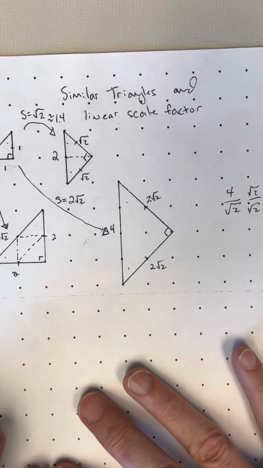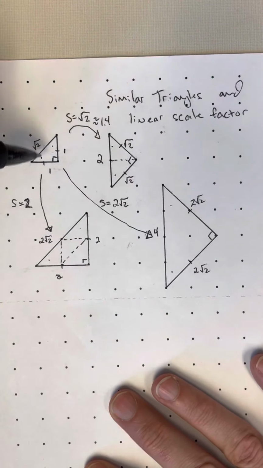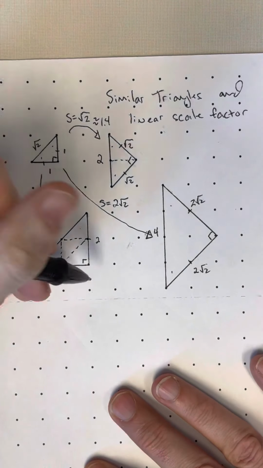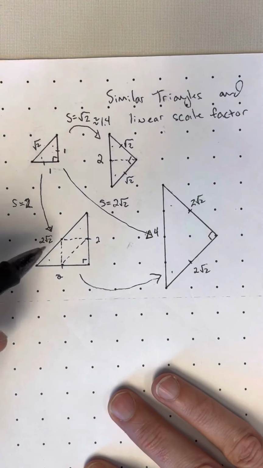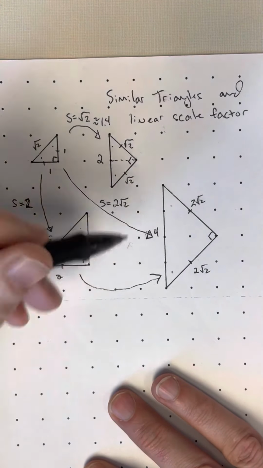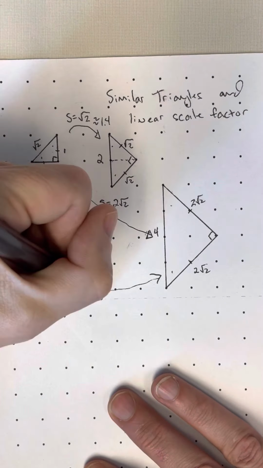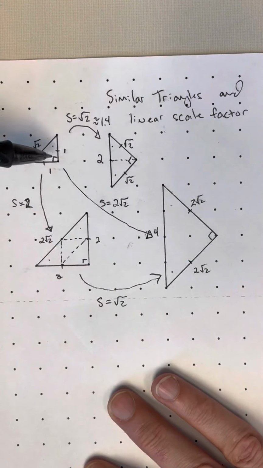Something that's interesting that people saw in class is, notice if I did this and then went from here to here, the scale factor from here to here is going from side length 2 to side length 2 square roots of 2. So you have to multiply by square root of 2. So notice that's kind of cool.